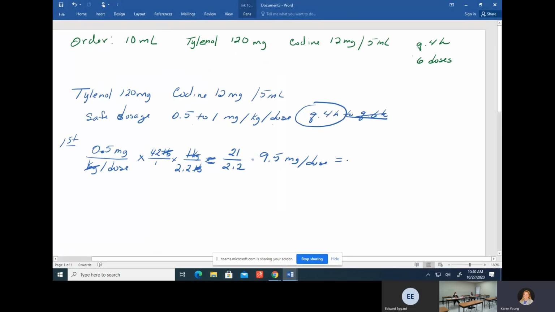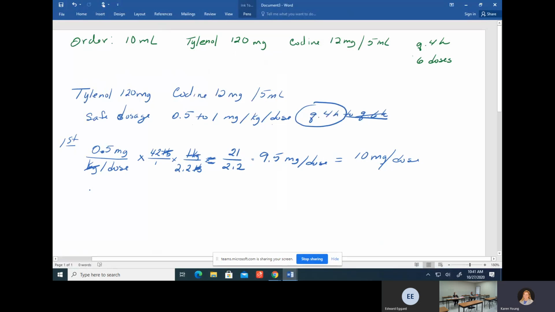Some places will want you to round to the whole milligram. Okay? So we could round to 10 milligrams per dose, because if you were to convert the 42 pounds, we're going to round it, so it could change it. So we can use anywhere from 9.5 to 10 milligrams per dose. And it just depends on how you convert your weight.